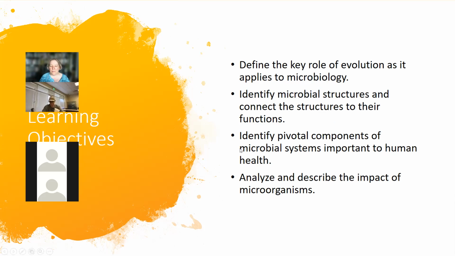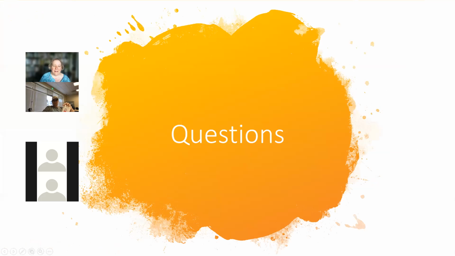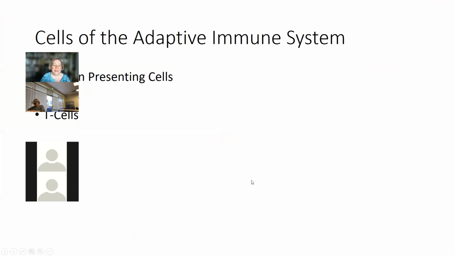Identify pivotal components of microbial systems important to human health, and analyze and describe the impact of microorganisms. Okay. All right, any questions? Okay, if you think of any, let me know. I'm happy to answer them.